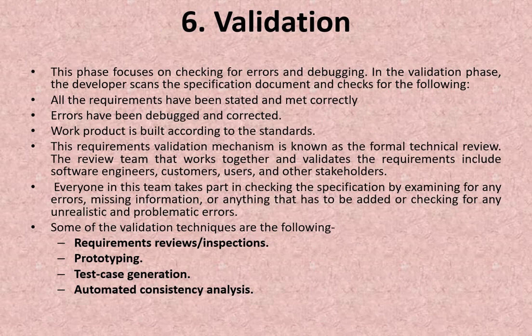Then we move on to the sixth step. Whatever we have specified in the specification module will be taken into validation, and the validation task will involve requirements review. What we have decided so far, we will restructure and review to see whether those requirements are needed, and if not needed, we will inspect them deeply. Then we'll go for prototyping of the actual software process.